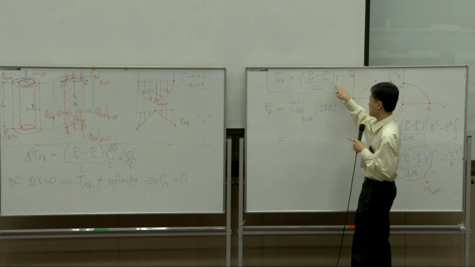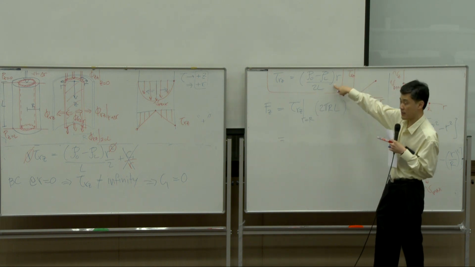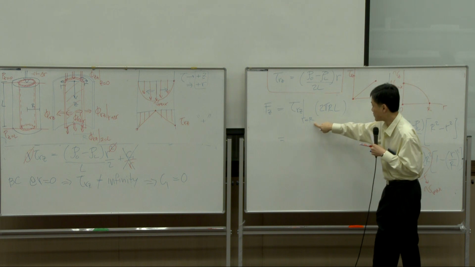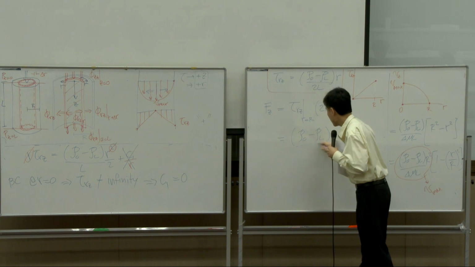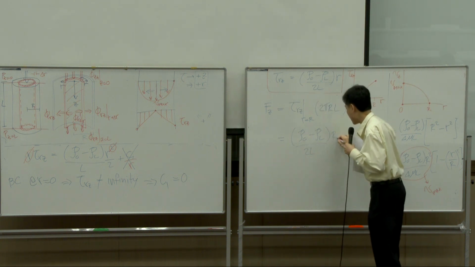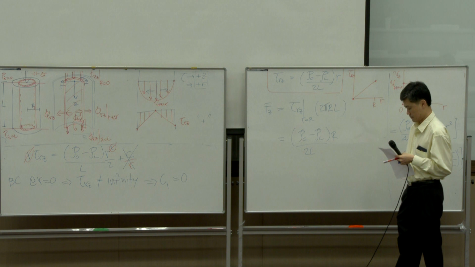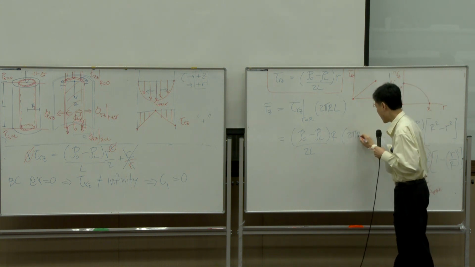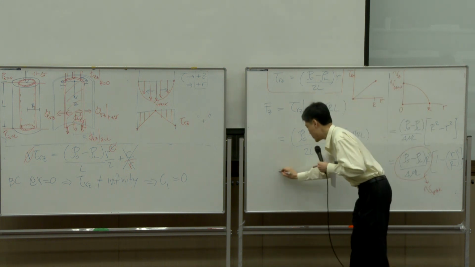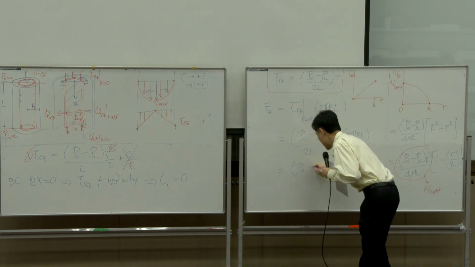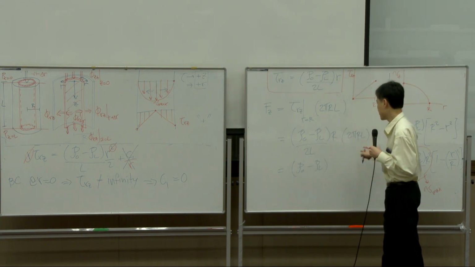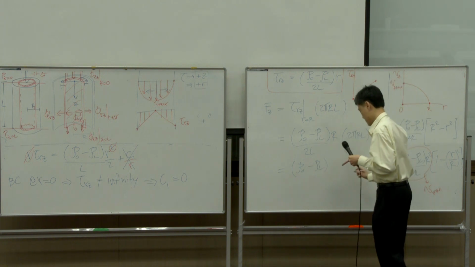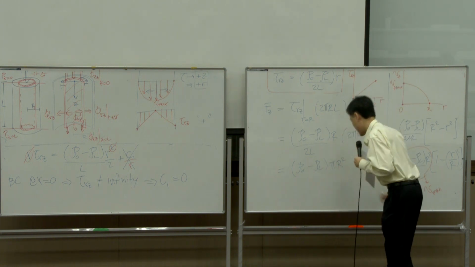So the shear stress profile was determined. At r equal to capital R, this tau would be modified pressure divided by 2L times capital R, times 2 pi R L. The 2 cancels out, L cancels out, and you get pi R squared.